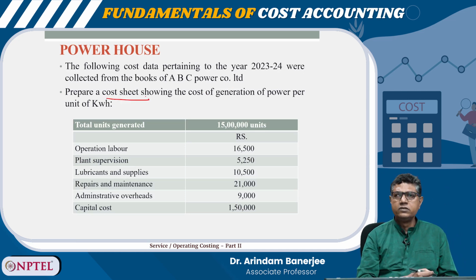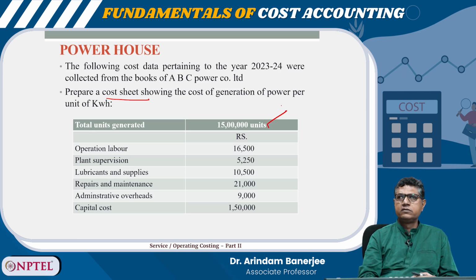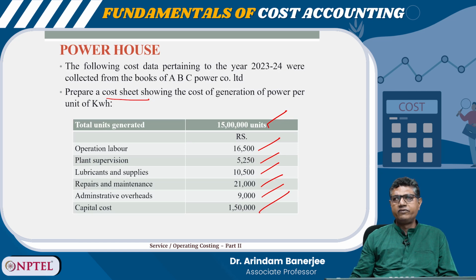So, what is the information given? Total units generated 15 lakh units. Operation labor 16,500, plant supervision 5250, lubricants etc. 10,500, repairs and maintenance 21,000, administrative overheads 9,000, and capital cost 1,50,000.